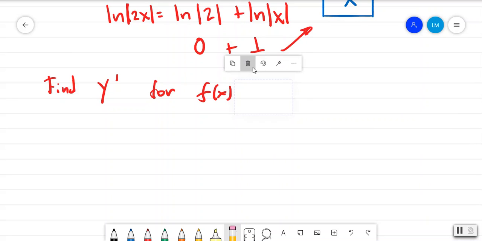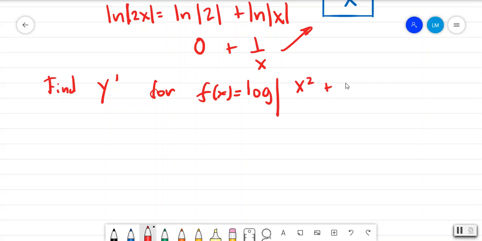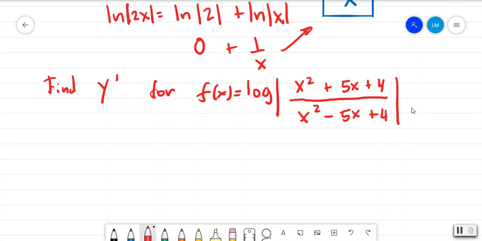We can probably just say that this is going to be log of the absolute value of x squared plus 5x plus 4, all divided by x squared minus 5x plus 4, and then we have the absolute value. Now, notice that in finding the derivative of this, it's going to require a little bit of chain rule and quotient rule, and that might be too much.